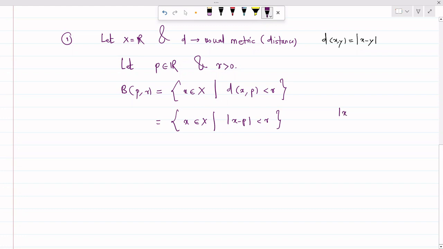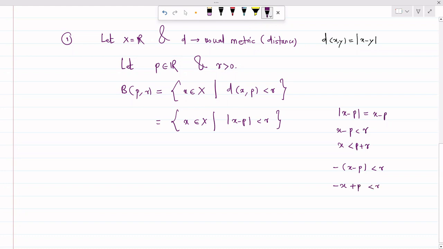If mod of x minus p is just x minus p, that is x minus p is positive, then we have x minus p less than r, and since we are finding conditions on x, x is less than p plus r. Secondly, if mod of x minus p is minus of the inside number, that is minus of (x minus p), then we have the condition minus x plus p less than r.